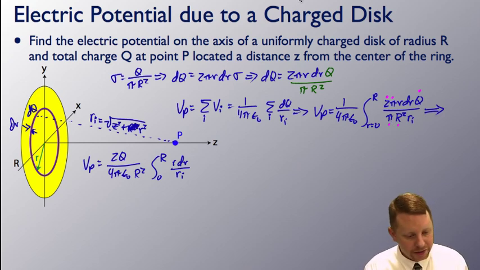All right, if that's the case, then we also know Ri again is the square root of z squared plus little r squared.